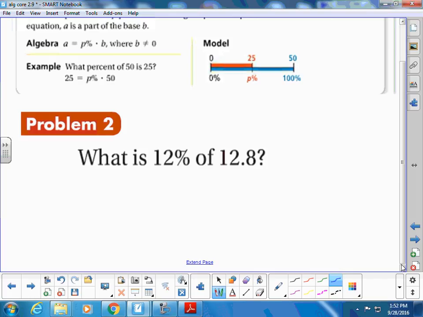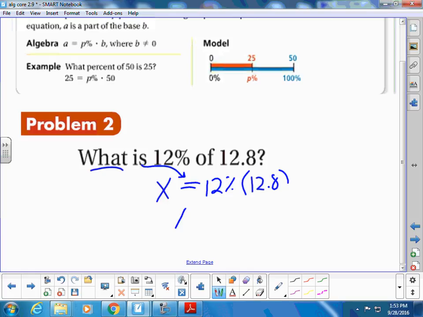What is 12% of 12.8? This is multiplication. Here the 12% doesn't really help me, so I have to move this over 2 and put it in as 0.12 times 12.8.